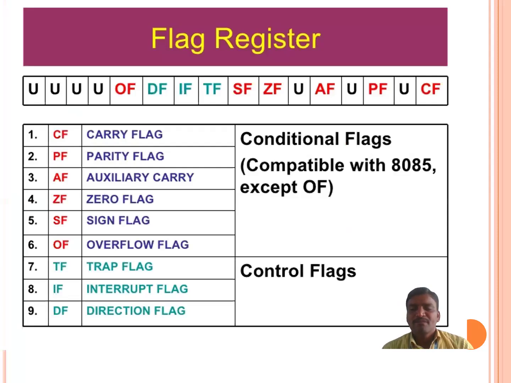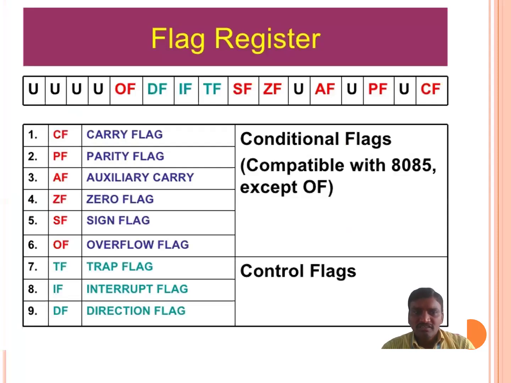Why? Because the 8086 is a 16-bit microprocessor, so its capacity is to store up to 16-bit information only. If the result is more than 16 bits, the overflow will occur, and then the overflow flag is set to 1.